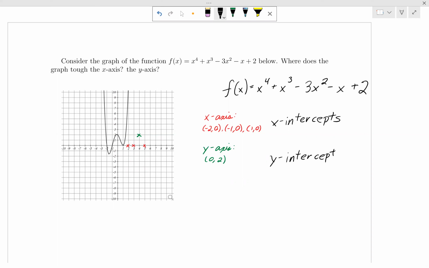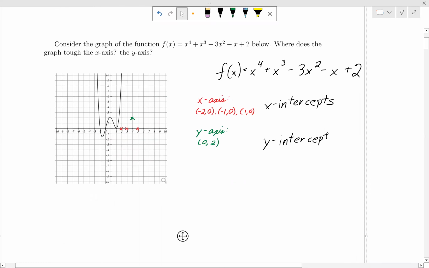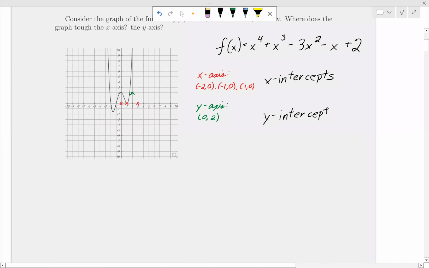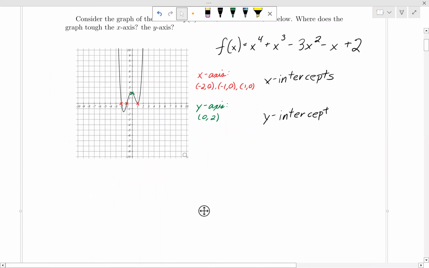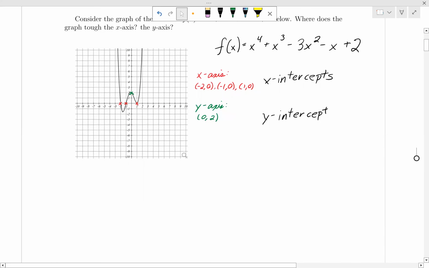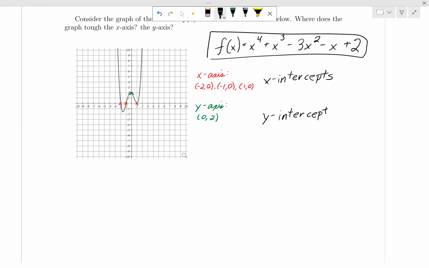All right. If we were just given this function right here, to get the x-intercepts and the y-intercepts, we would set different stuff equal to 0. So if we were just given the function right here, to get our y-intercept, we would put all of our x's equal to 0.